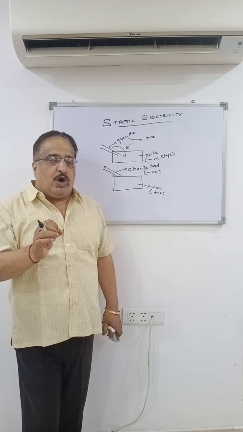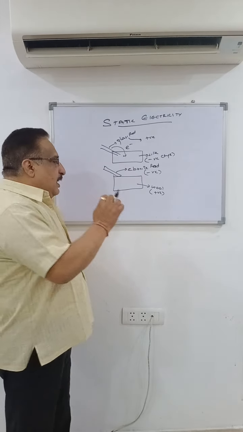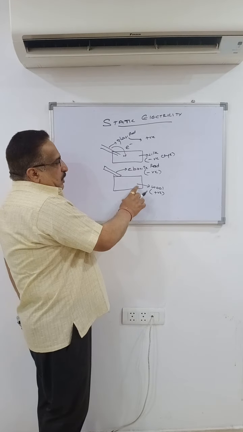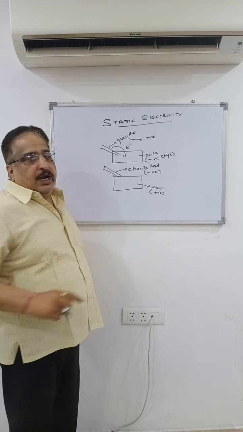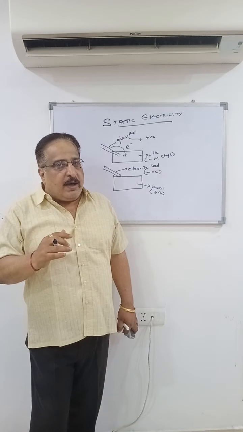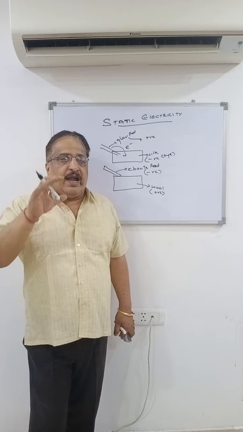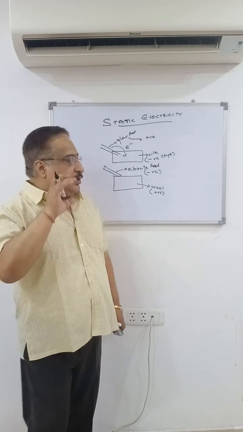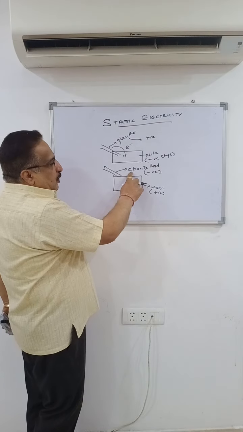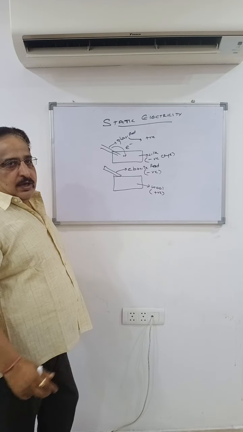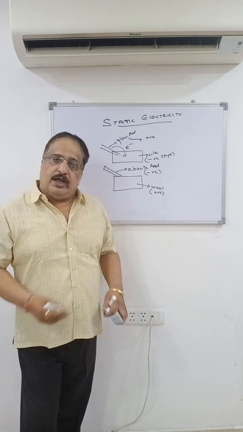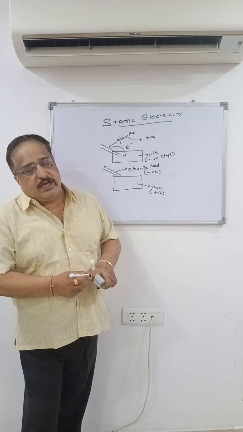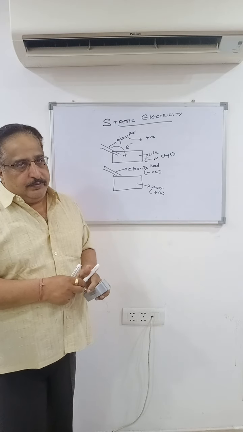This happens because on rubbing, the electrons flow from the wool to the ebonite rod. The wool becomes electron deficient and is hence positively charged, while the ebonite rod gains electrons, due to which it becomes negatively charged. This is what static electricity is all about.